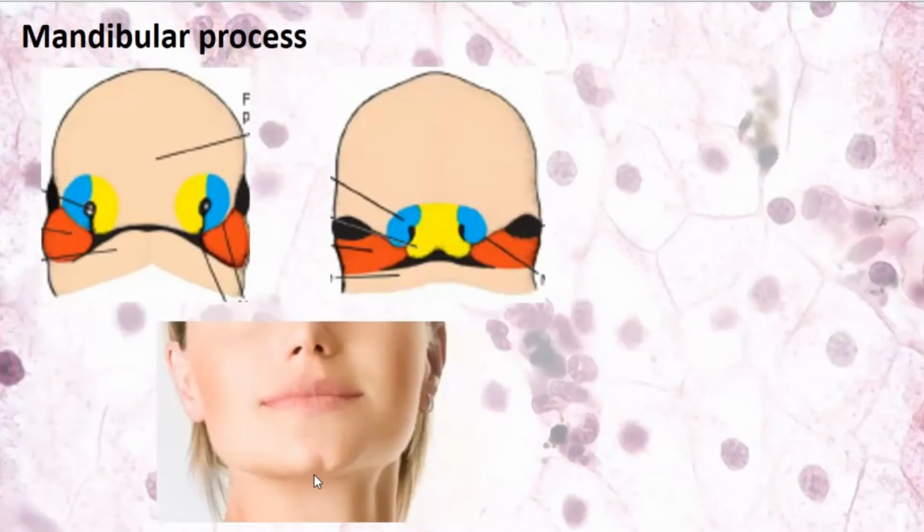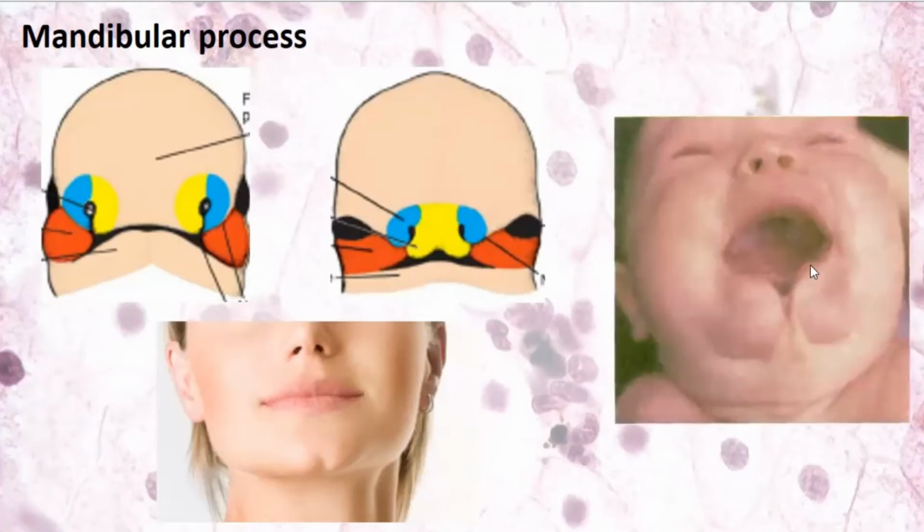It's normal condition, and some people have a pit in this region. But in some cases, this process has some problems and it's incomplete. And here we can see cleft of lower lip and cleft of chin and cleft of mandibula, and it's pathological condition. It's mistake of embryogenesis, mistake of fusion of mandibular processes from two sides.